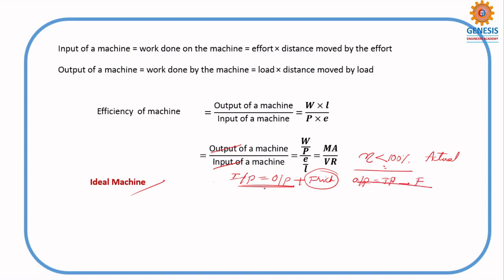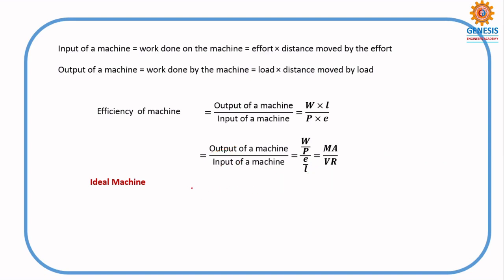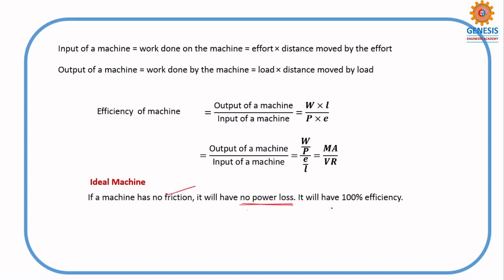Okay, so that is clear to you, right? Now what is meant by ideal machine? If a machine has no friction, it will have no power loss or energy loss, so it will have 100% efficiency. Both input and output are equal.